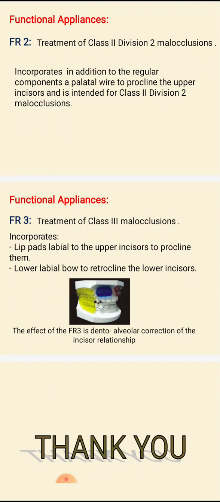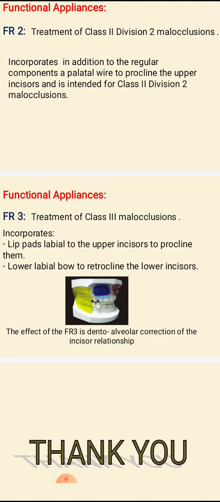Frankel 3 or FR3 is used for the treatment of class 3 malocclusion. And here we can see a different design than the previous one. In FR3, we have lip pads labial to the upper incisors to allow them to procline, removing the force coming from the lip.